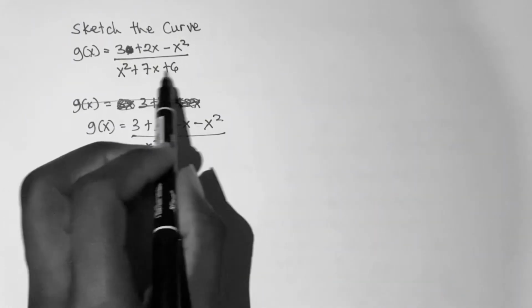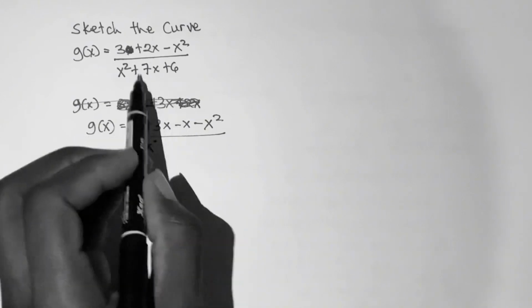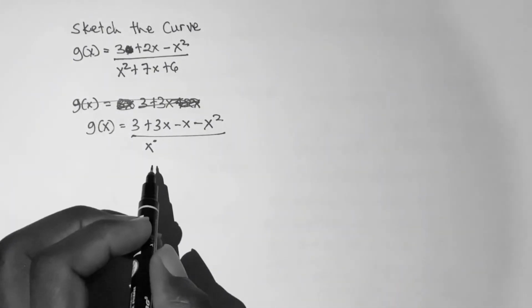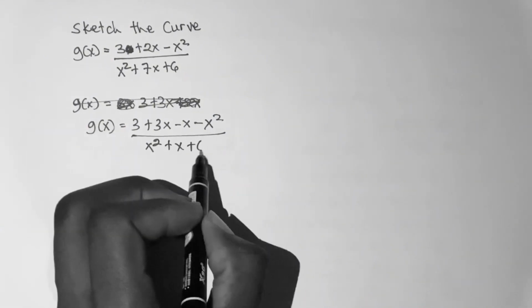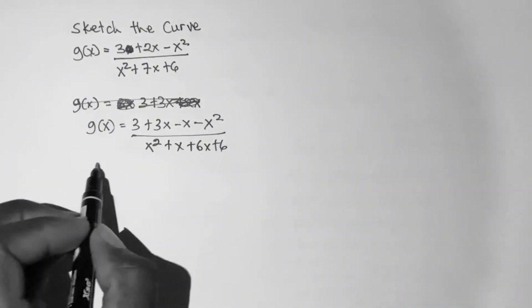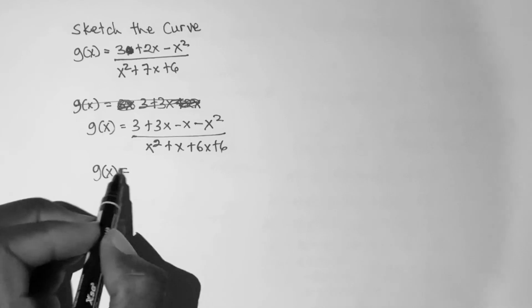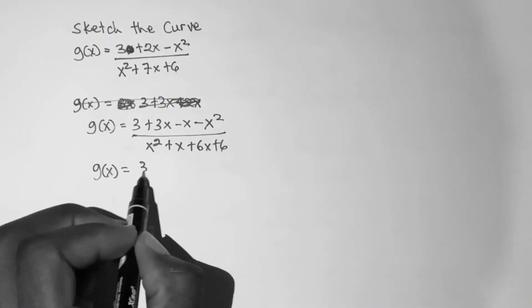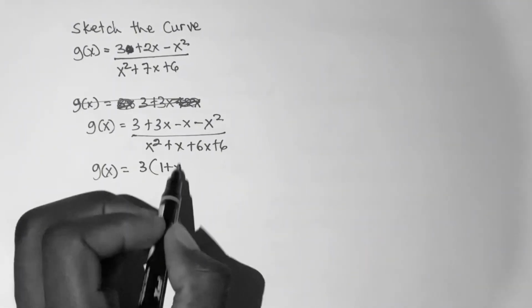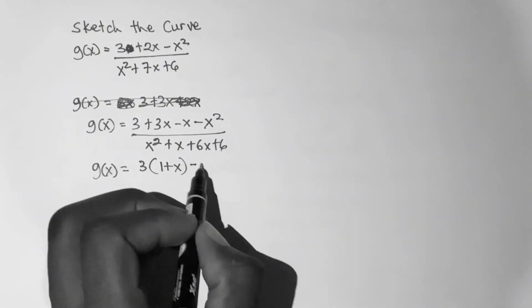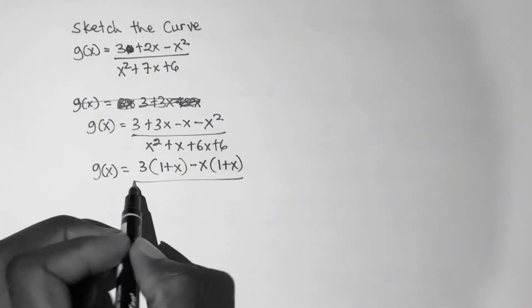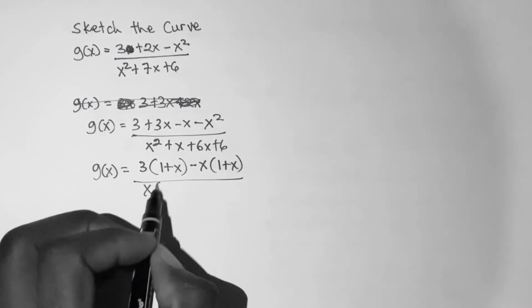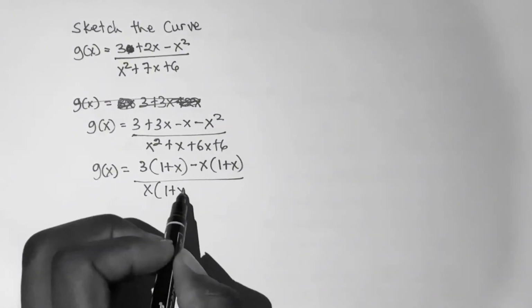Now, two numbers that when you multiply, you get 6, but when you add, you get 7. So it is 1 and 6. So x squared plus x plus 6x plus 6. So g of x is equal to, if you factorize 3 here, you get 3 times 1 plus x. Then if you factorize minus x here, you get 1 plus x divided by, now you can factorize x here, get 1 plus x.